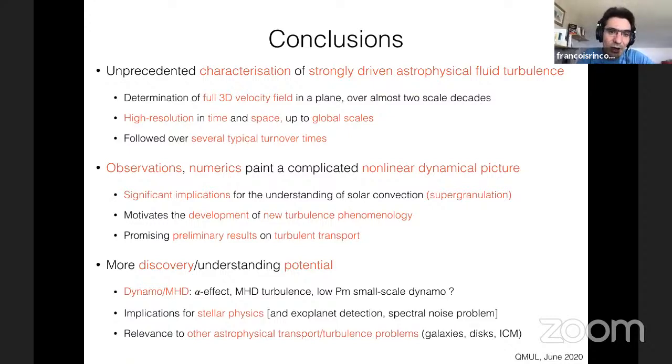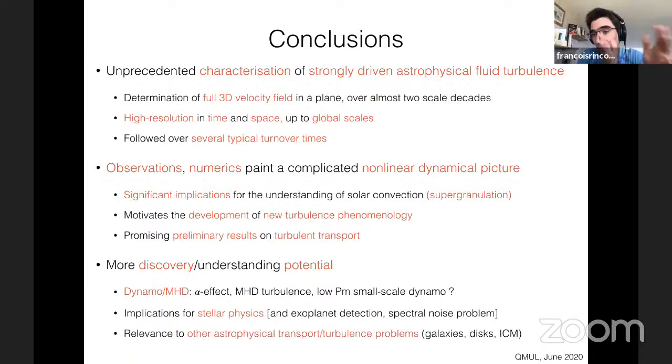And through a determination of the velocity field and high resolution time and space observation, followed over many times and in an ideal environment where the sun is very quiet, we came to a relatively interesting conclusion for what your typical strongly driven astrophysical fluid turbulence looks like.